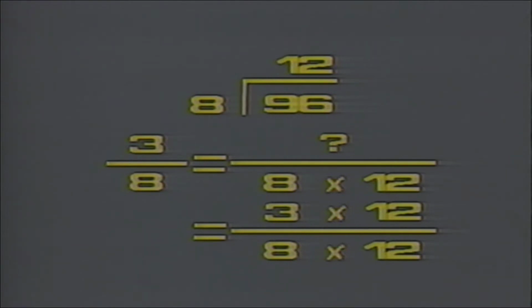So, 12 is the number. 8 times 12 equals 96. So use 12 to multiply the numerator. 12 times 3 equals 36. 3/8 equals 36 over 96.